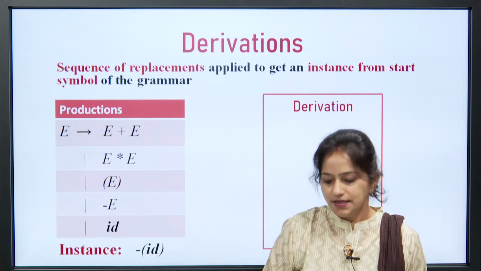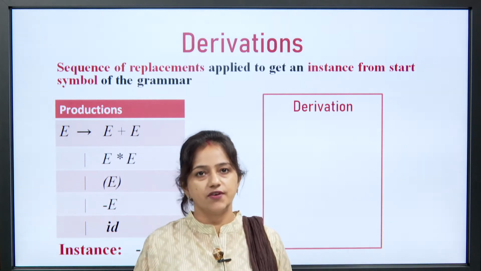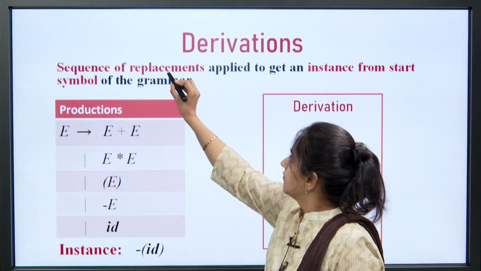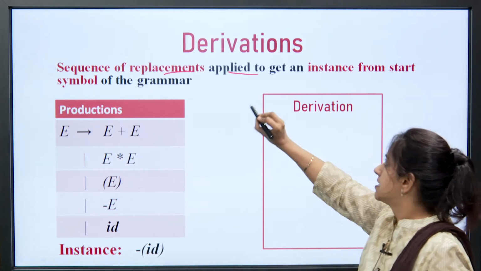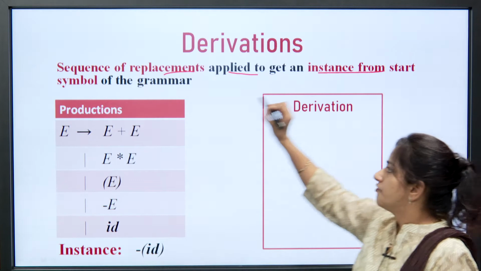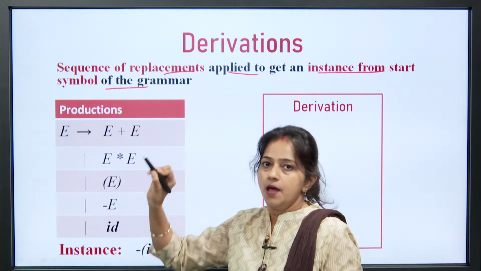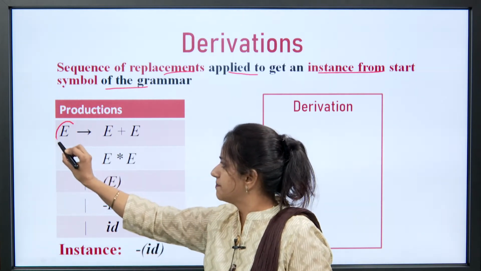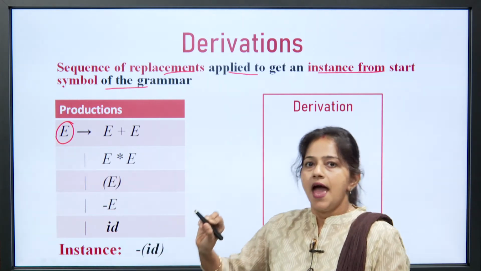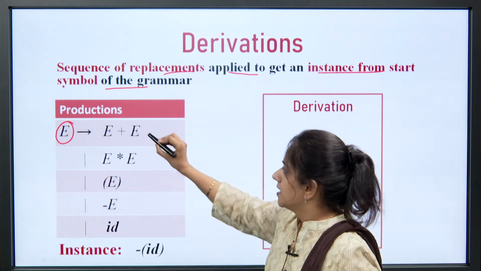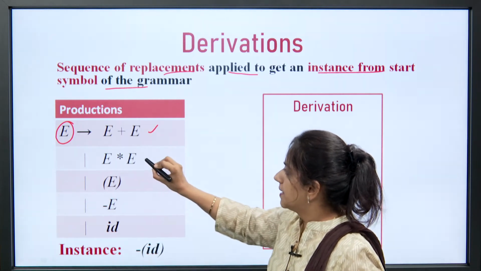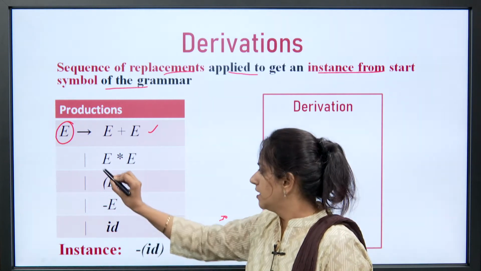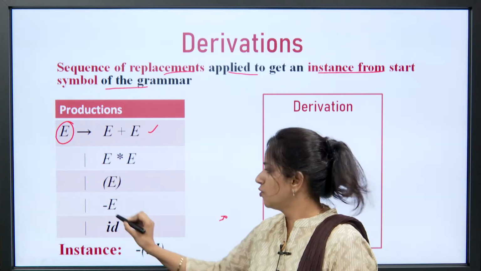Now, we will discuss the next topic, that is derivation. What is derivation? Derivation means a sequence of replacements applied to get an instance from the start symbol of the grammar. Suppose we have this grammar, this is the start symbol of the grammar, capital E, and it has productions like E to E plus E, E to E multiplication E, E to parenthesized E, E to minus E and E to ID.